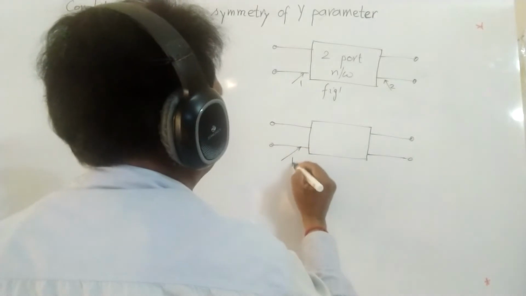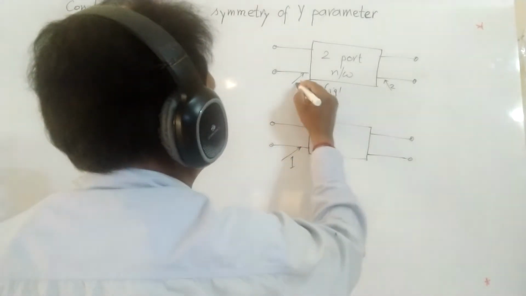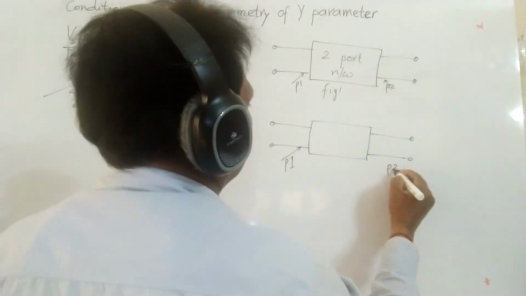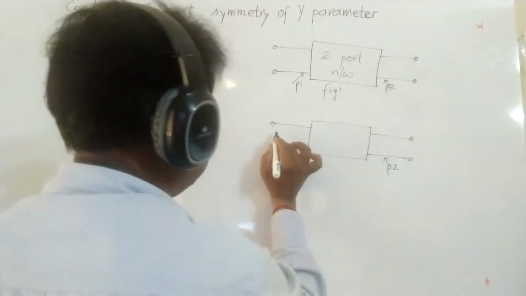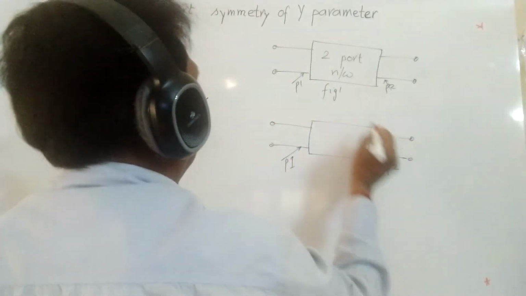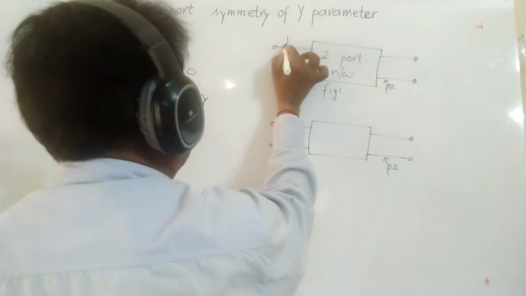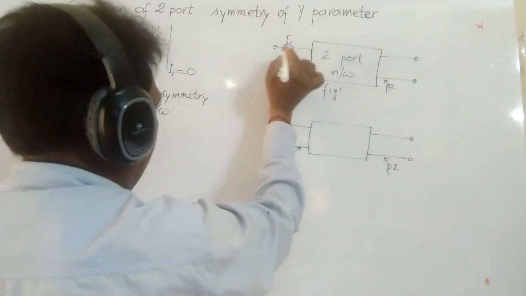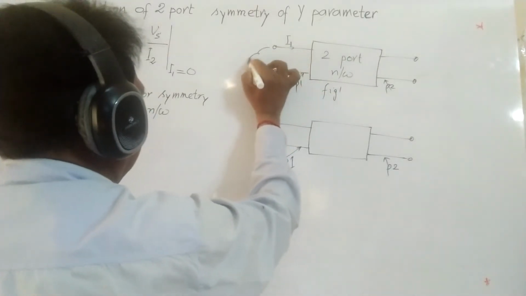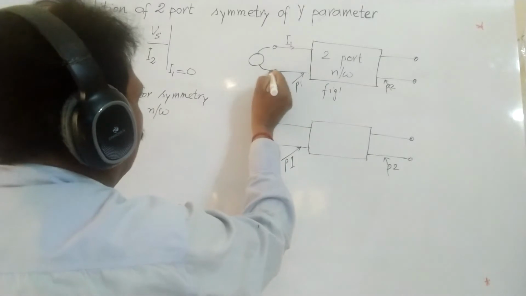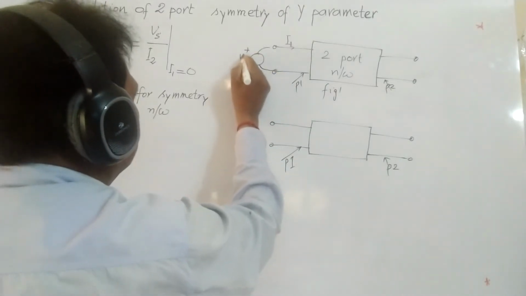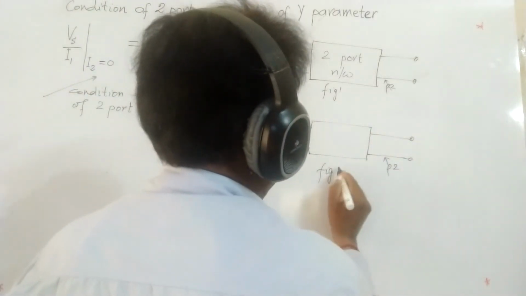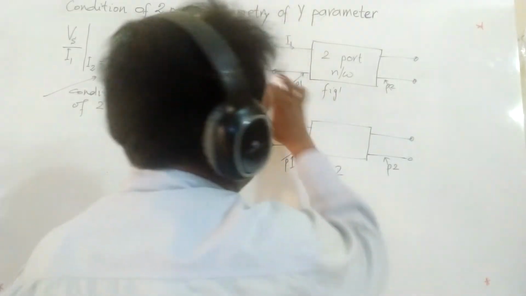The current entering port 1 is I1, and here we have connected port 1 with a voltage source Vs. And in the second figure we have connected the same voltage source.